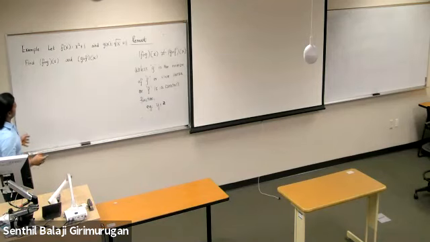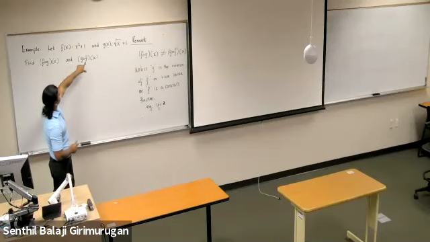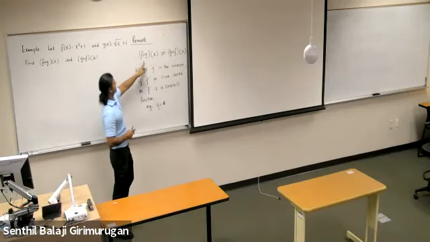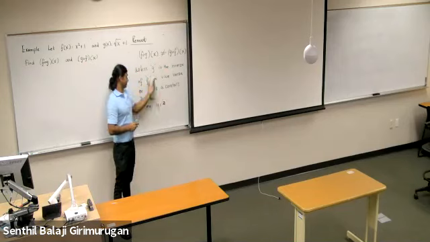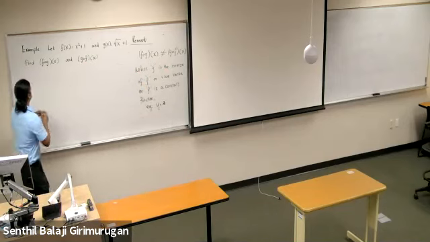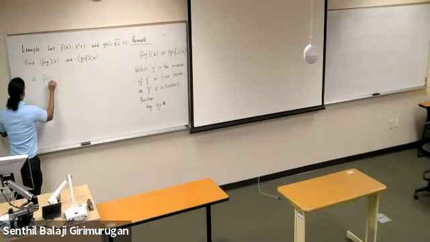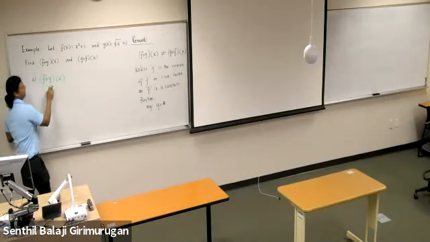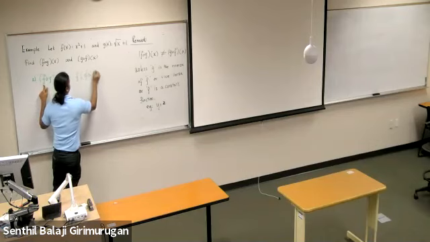So there's this composition, f compose g of x, g compose f of x, two cases. I wrote the remark that f compose g is not equal to g compose f except in special cases. So let's consider the first one. That would simply mean f of g of x.